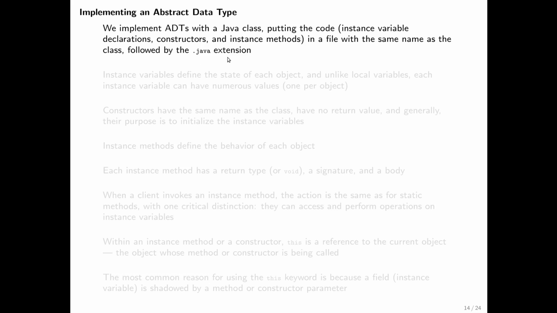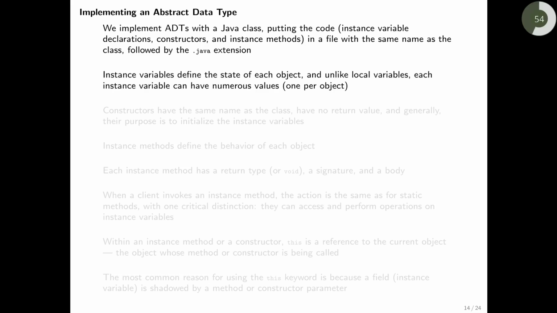Right? So for example, if you're defining a counter data type, the name of the data type itself is counter, and it typically sits inside of a file that's called counter.java. Now, instance variables are also called attributes, and they define the state of each object. And unlike local variables, each instance variable can have numerous values, one per object.